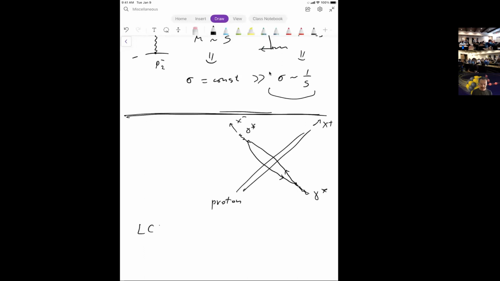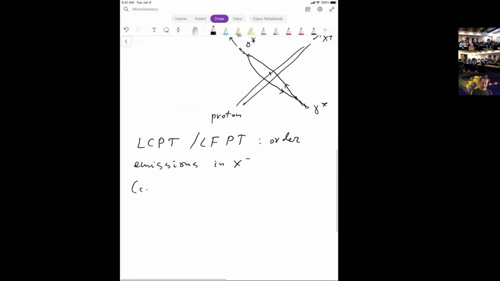So in light cone perturbation theory, or light front perturbation theory, we order emissions in x minus. Compared with time-ordered perturbation theory, where we order in time t, right?